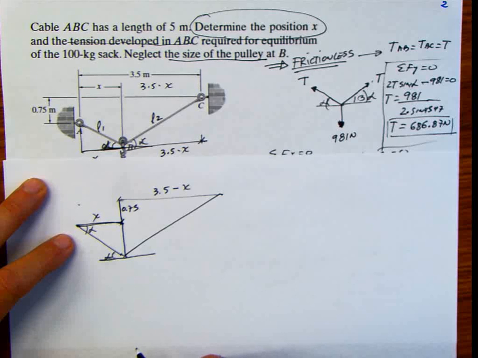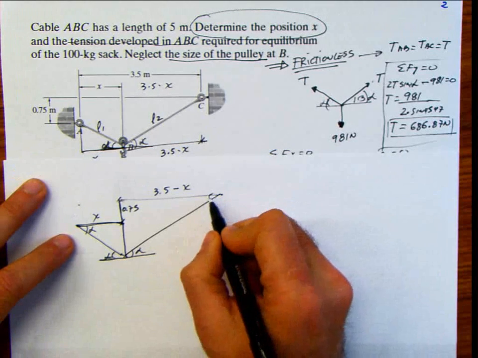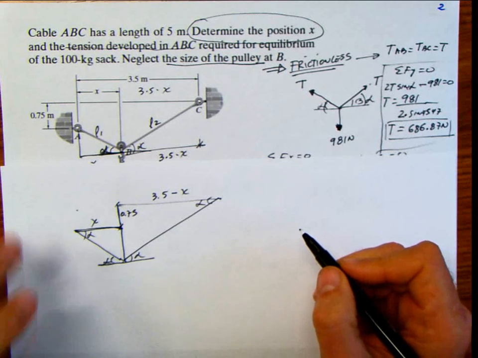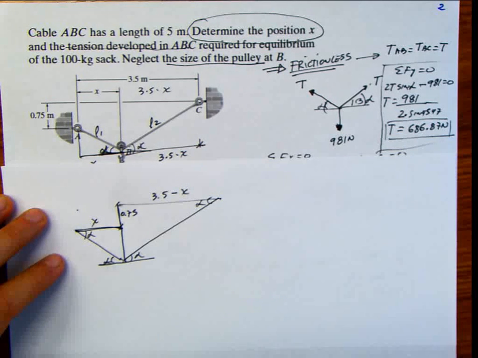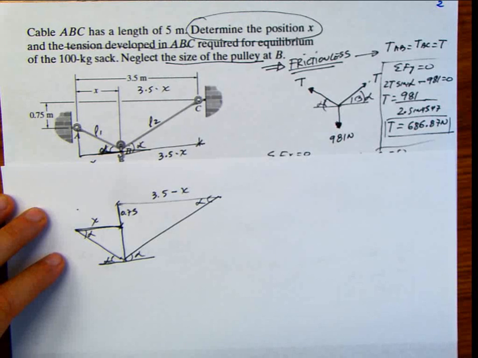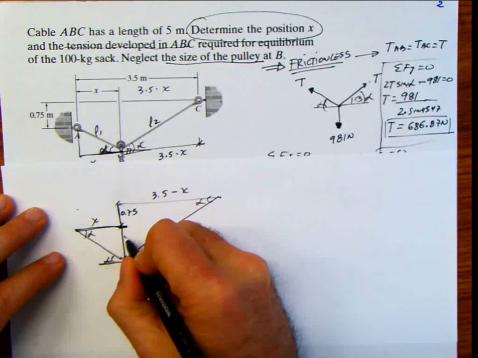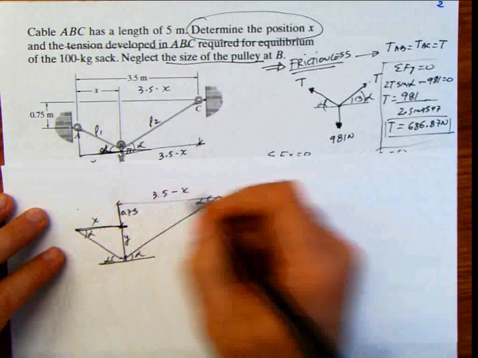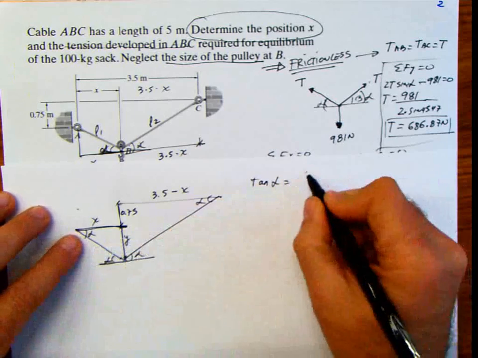And at the same time, I also know this angle is alpha, which means this angle is alpha here also. Let me call this distance that I don't know y. Well, if I use this small triangle, tangent alpha is going to be y divided by x.